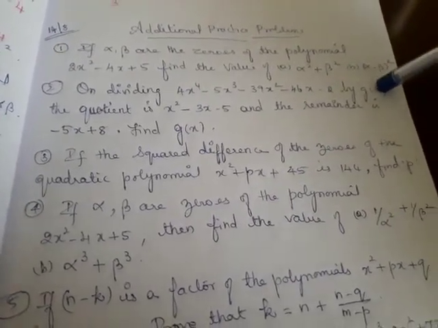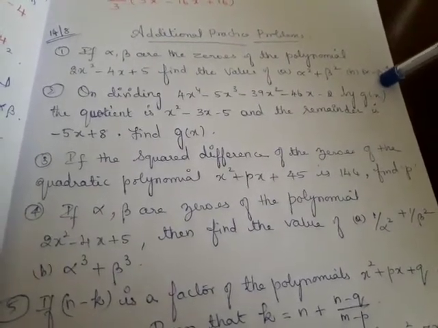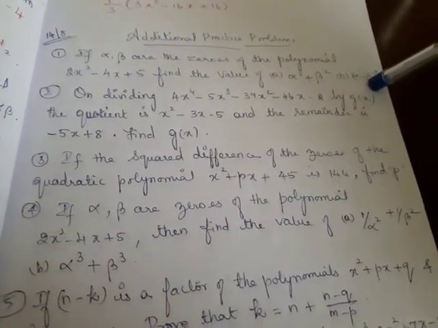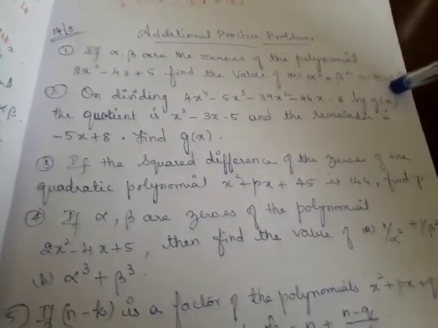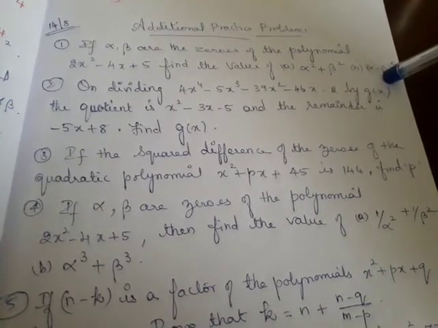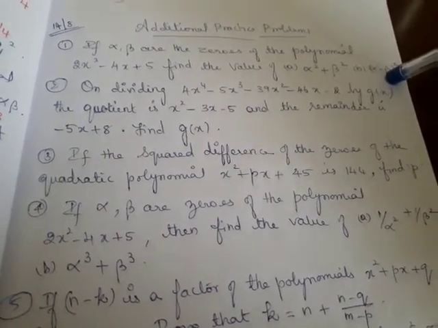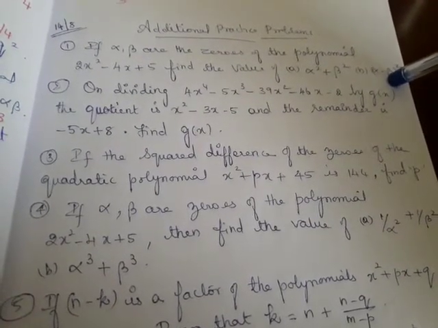And a minus b, alpha minus beta the whole square. How can you express this in terms of alpha plus beta and alpha beta? You can write it as alpha plus beta the whole square minus 4 alpha beta, because if you expand alpha plus beta the whole square, what will you get?